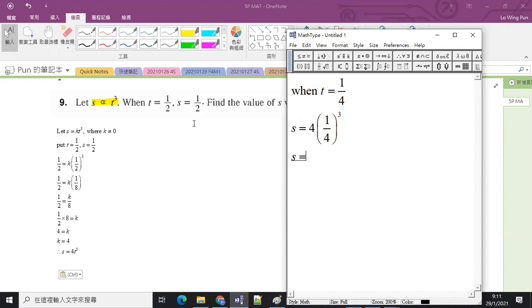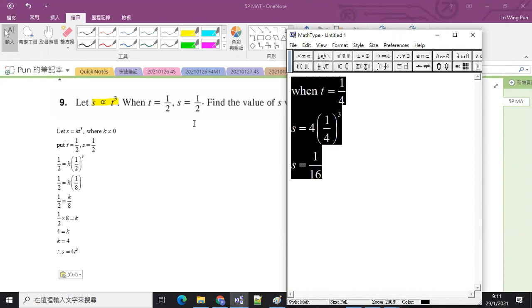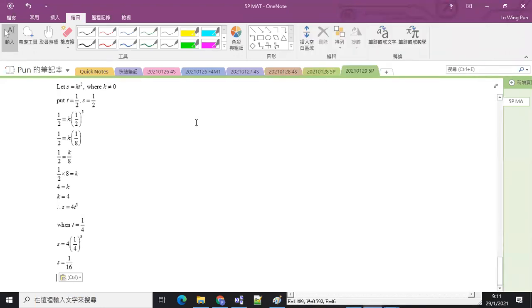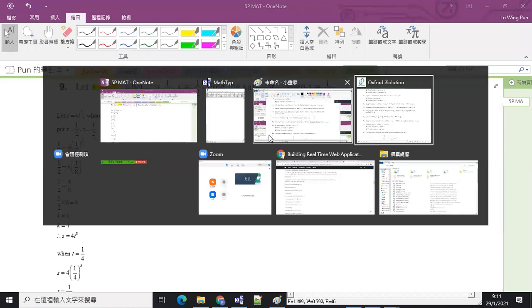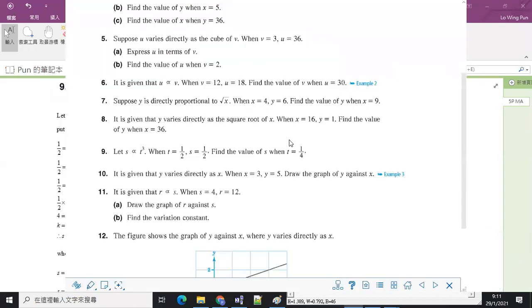And the right-hand side is just a pure number, so you may use the calculator to help you. It should be equal to 1 over 16. That is the answer. It's okay? So this is a small revision of what we have learned yesterday.